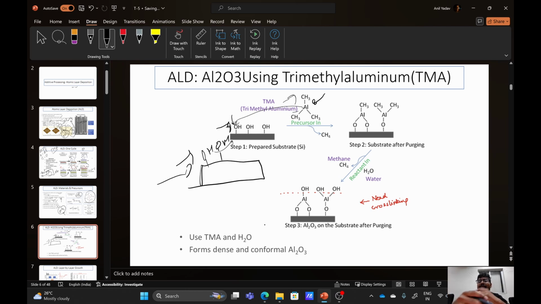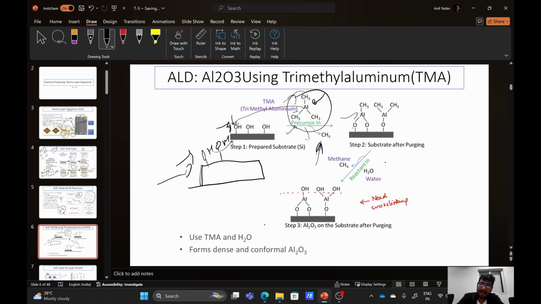So a complex will be formed after you pass the precursor, trimethyl aluminum. After the reaction, this CH3 will be a byproduct, and this aluminum is connected with the oxygen.